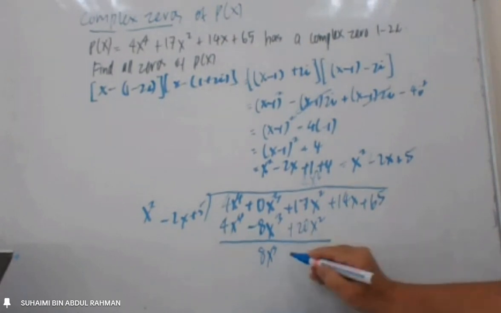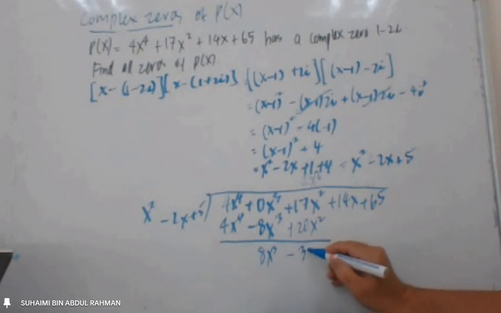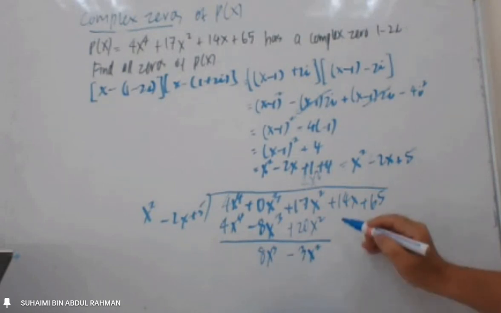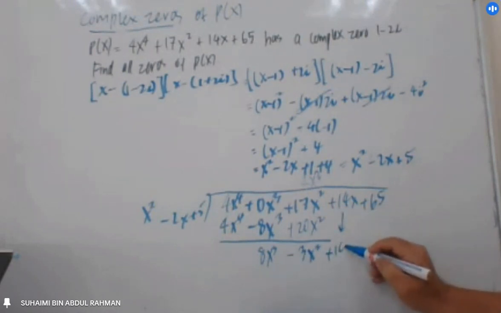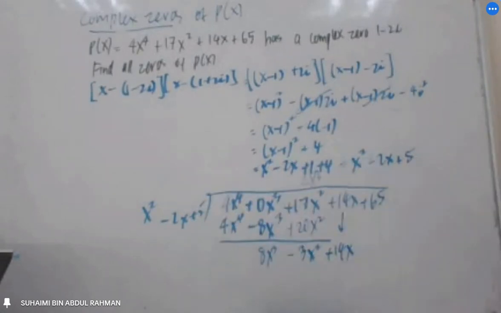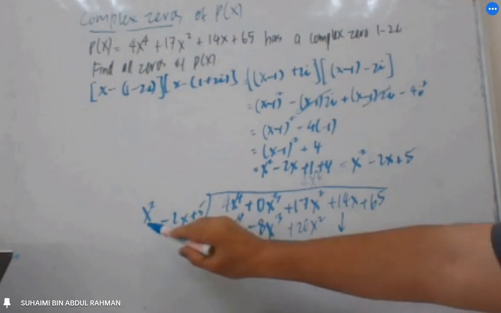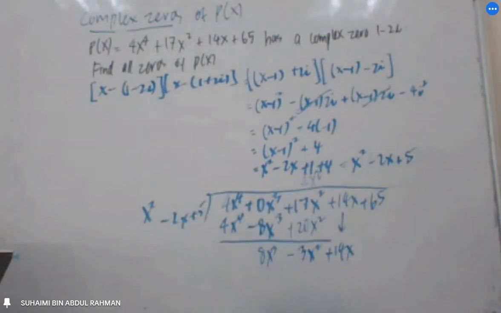Negative 3x square. Then you bring down plus 14x. Now you divide. What do you get?